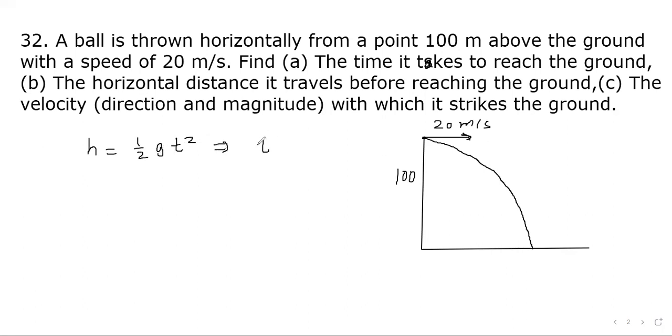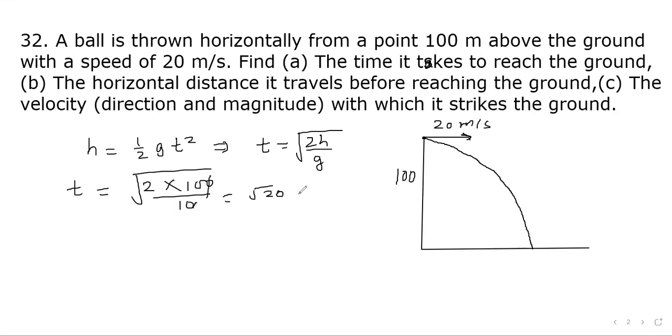From here we get t equals root of 2h upon g. We get t equals root of 2 into h, which is 100, divided by g, taking g equal to 10. So this will become root 20 seconds, which is almost 4.5 seconds.